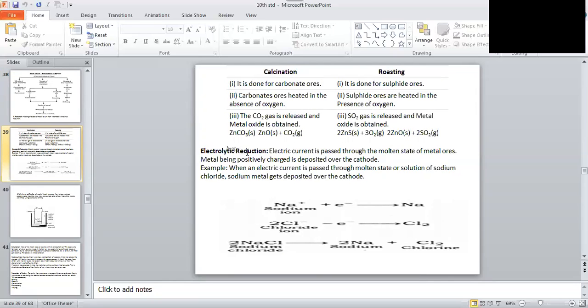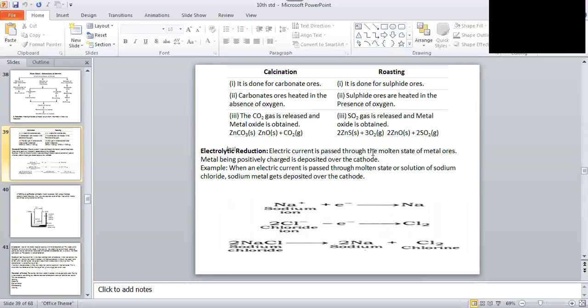Then electrolytic reduction. So how is this electrolytic reduction carried out? This is mainly used again for the removal of oxygen, and the metal is deposited on the cathode.